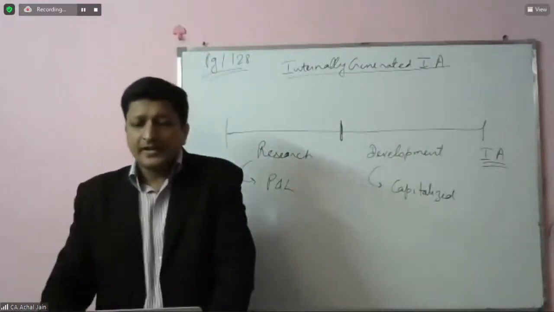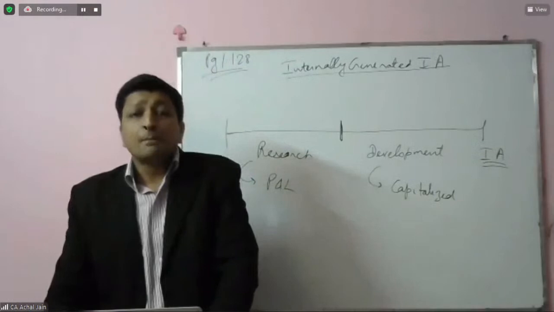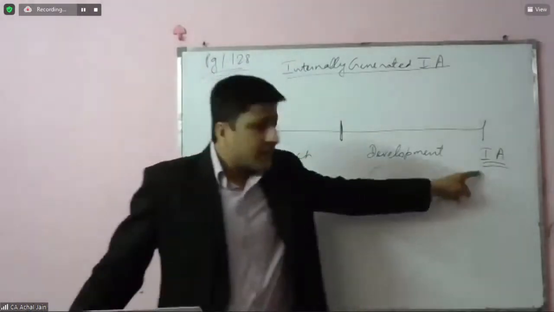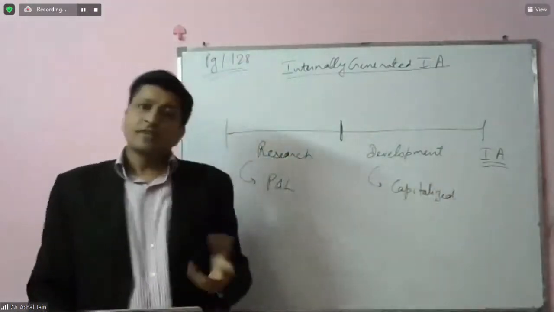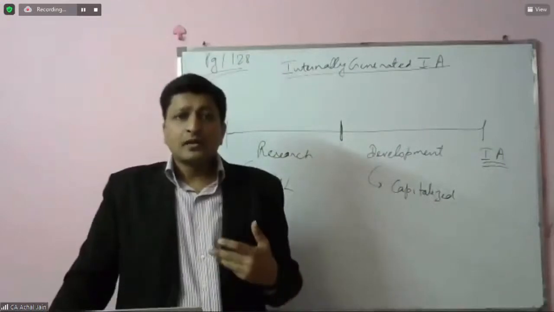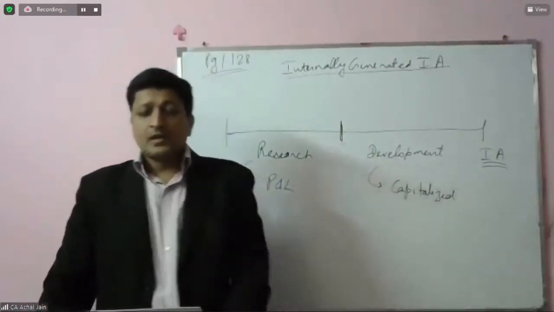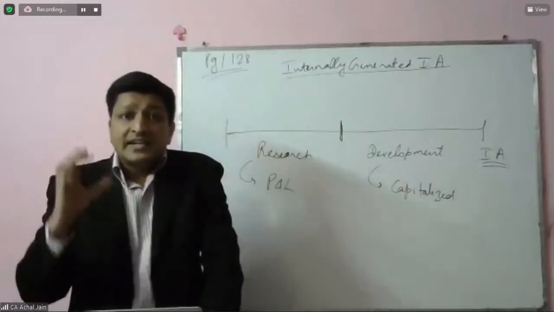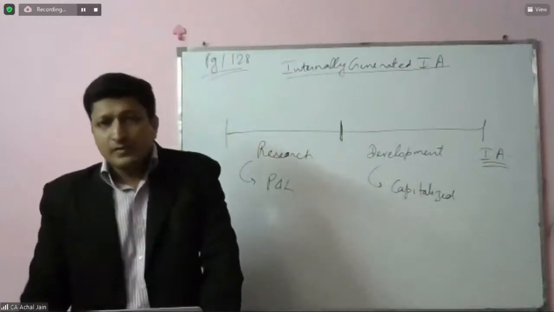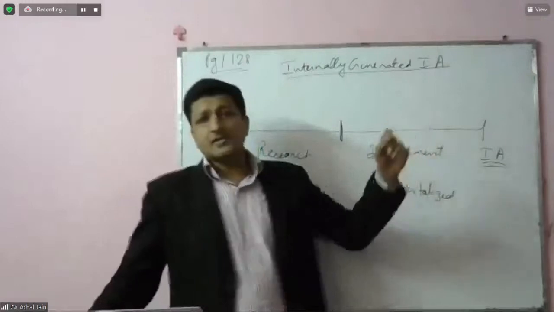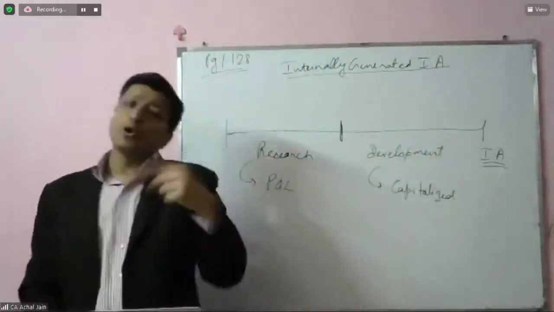Technical feasibility of completing the intangible asset is there. Okay. So technically this is feasible. There is an intention on the part of the management to complete the intangible asset and then to sell it or use it.